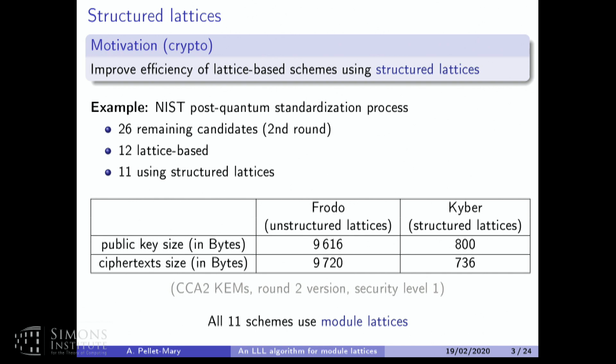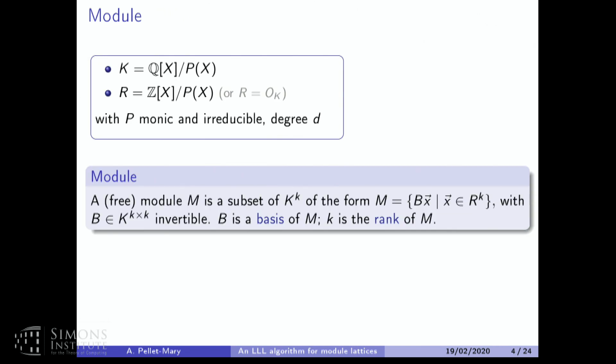So let me now define what a module is. I'm going to define first a module, and then I will tell you how this can be seen as a lattice. A module is an algebraic object, and it lives in a number field. The number field here will be K. It's just the ring of polynomials with rational coefficients, modulo some irreducible polynomial P. In this field, I have a ring R, which is the ring of polynomials with integer coefficients, mod P. A free module is simply the set of all linear combinations of a basis of linearly independent vectors.